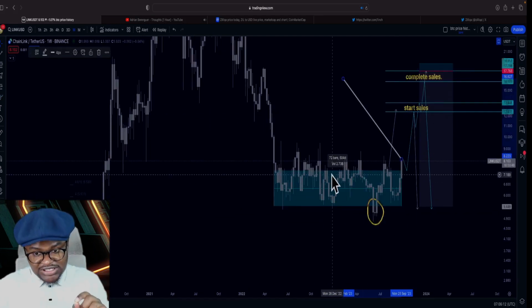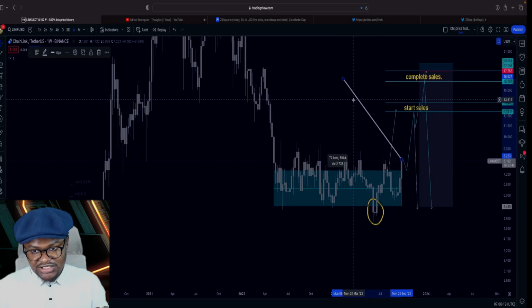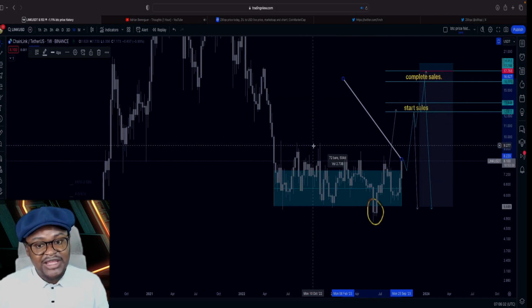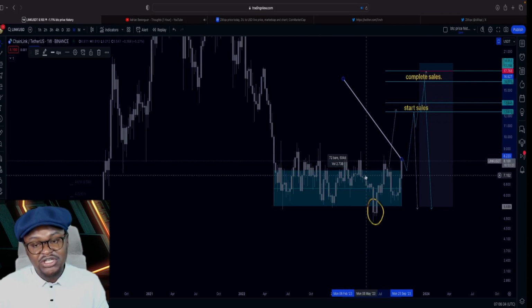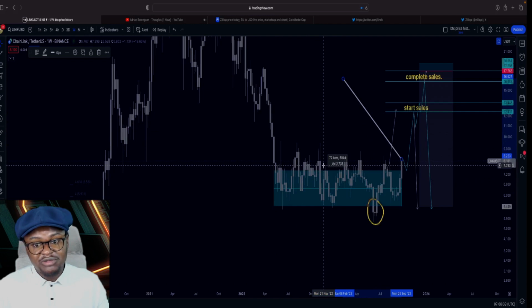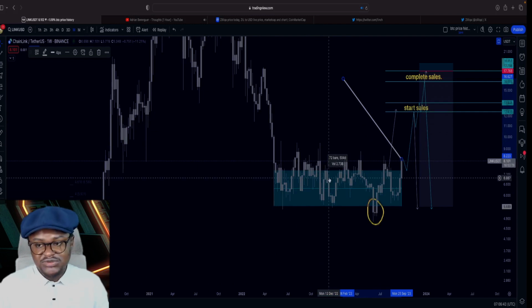Anybody that bought in this accumulation would have doubled their money. So I must sell if it ever came up here. Everybody who bought in here, even if you bought the highest point in this accumulation, you would have doubled your money. And even some people will be in like triple their money, so they will start to sell.